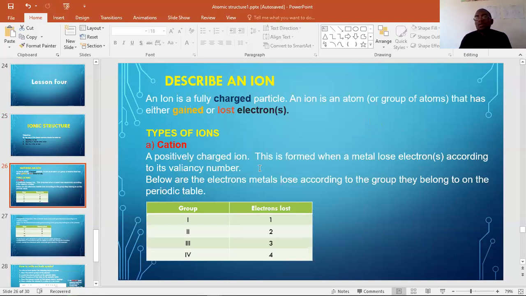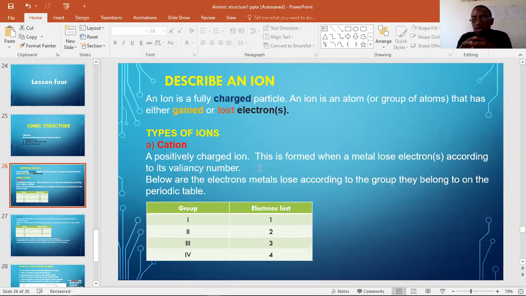When an atom happens to lose or gain electrons, it is called an ion. So an ion is just a fully charged particle. An atom is bound to lose or gain electrons, and then it will be called an ion.